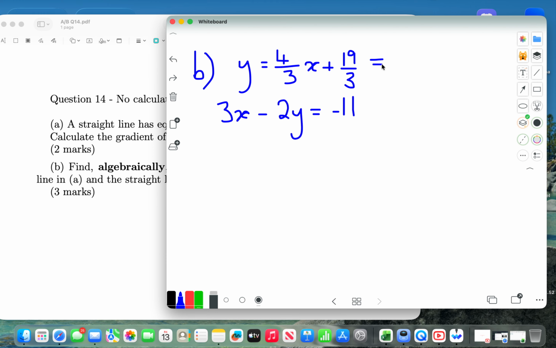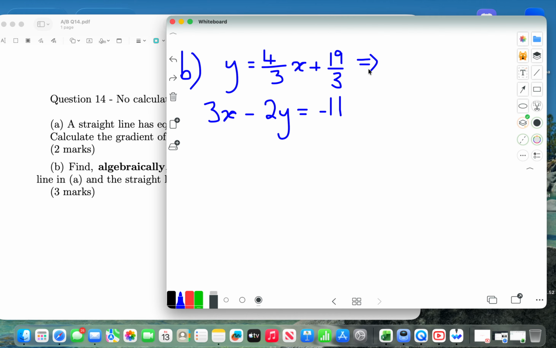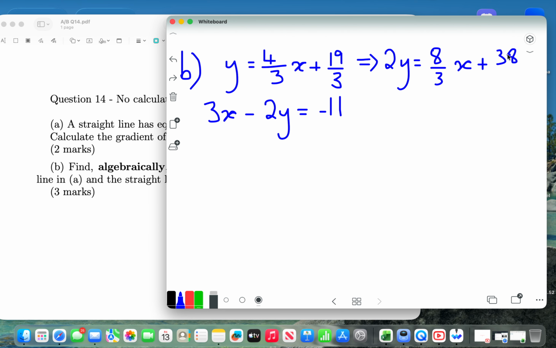So if we multiply y equals 4/3 x plus 19 over 3, we get 2y is 8/3 x plus 38 over 3.